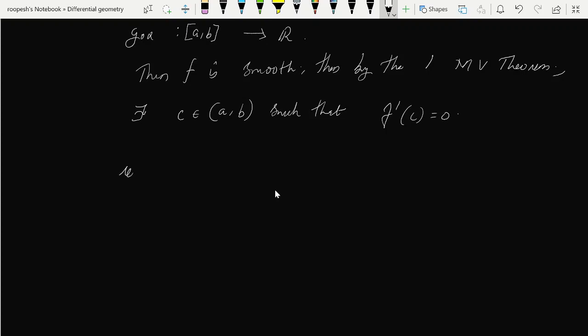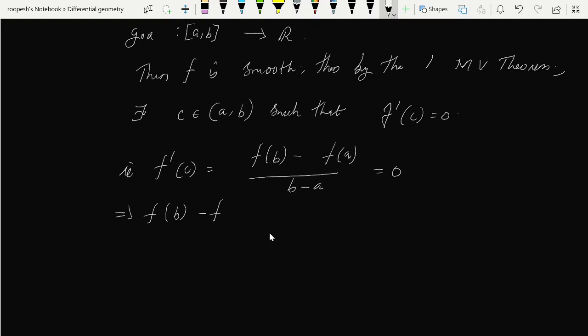That is f dash of c equal to f of b minus f of a by b minus a, equal to 0, which implies f of b minus f of a is equal to 0, or f of b is equal to f of a. Since p and q are arbitrary points, f of b equal to f of a.